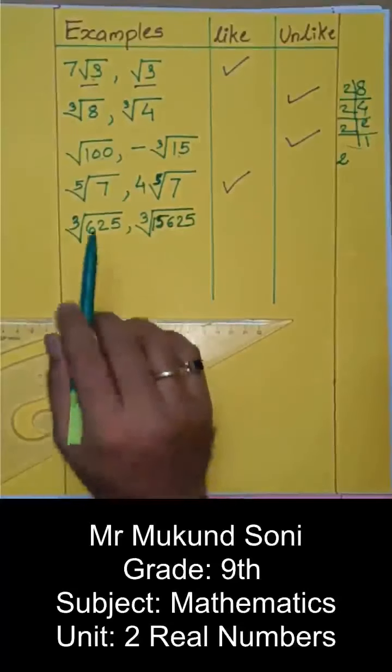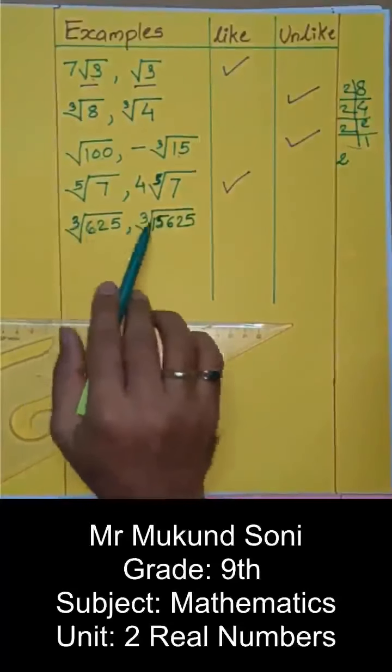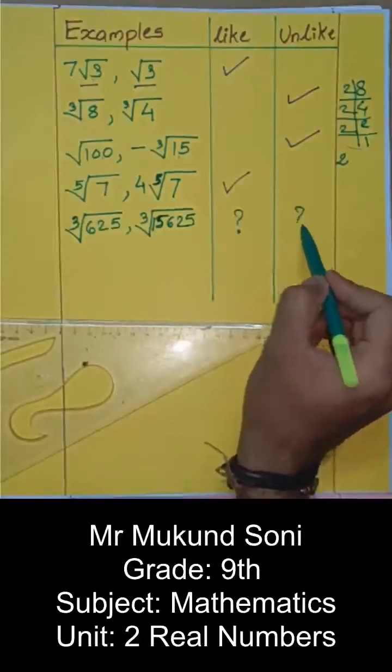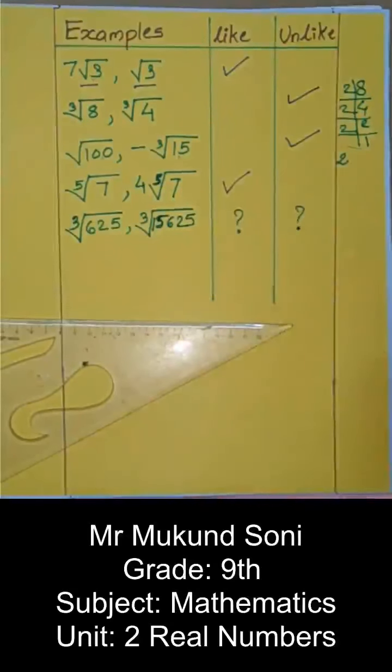So even if their orders are matching, you have to think what it is going to be, like or unlike. You can't find this answer without factorizing it. So I will leave this question up to you to find the answer.